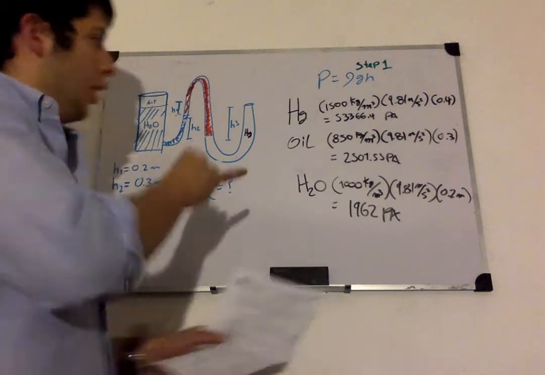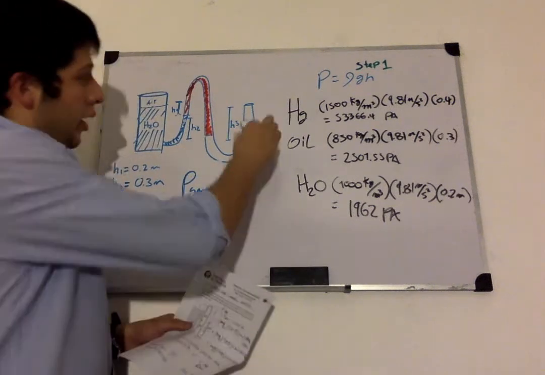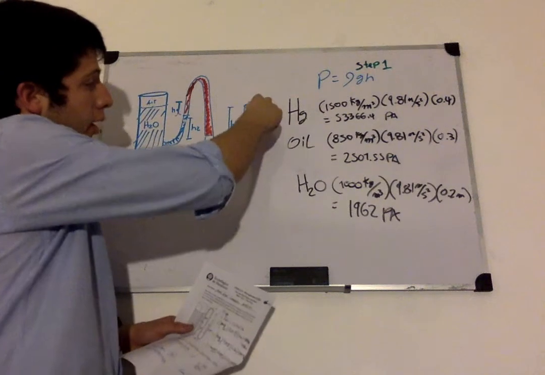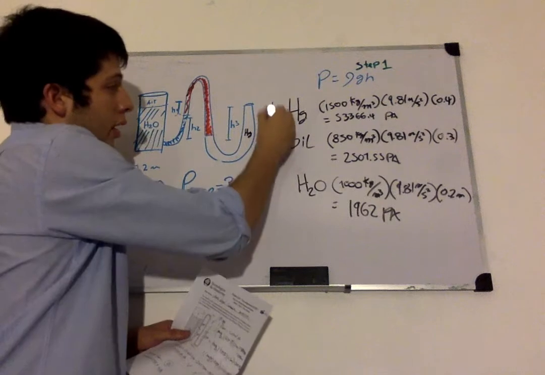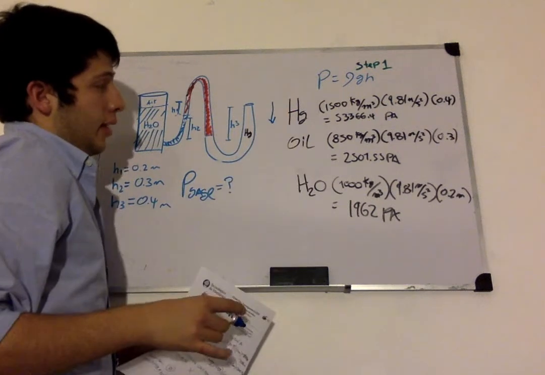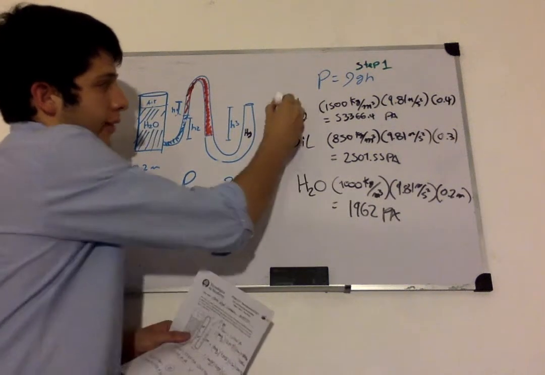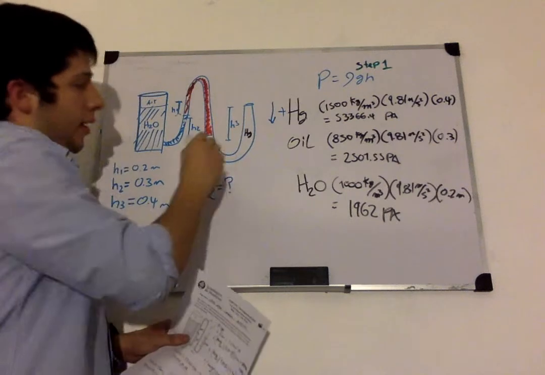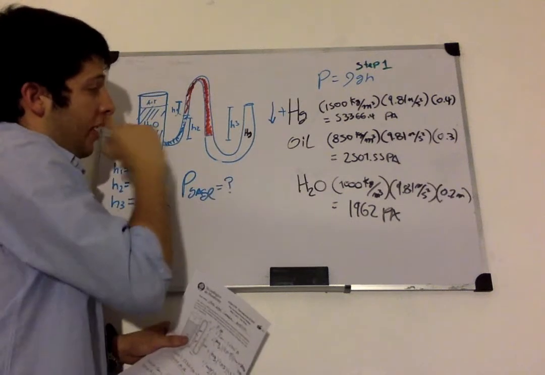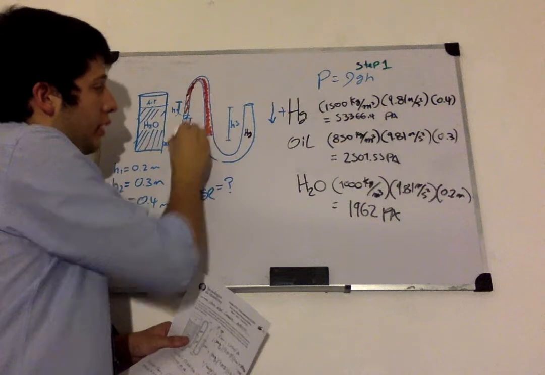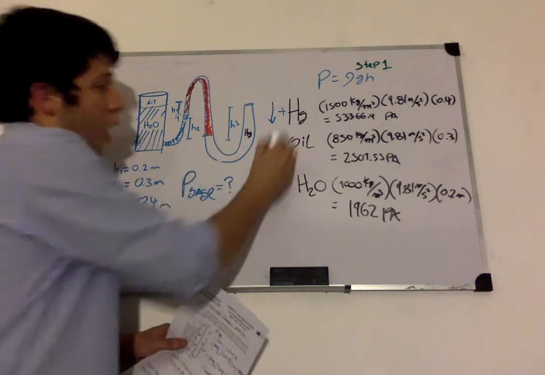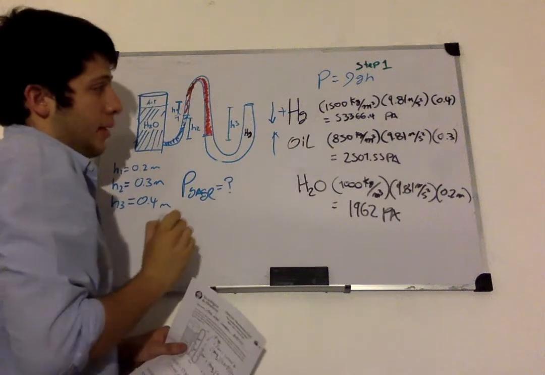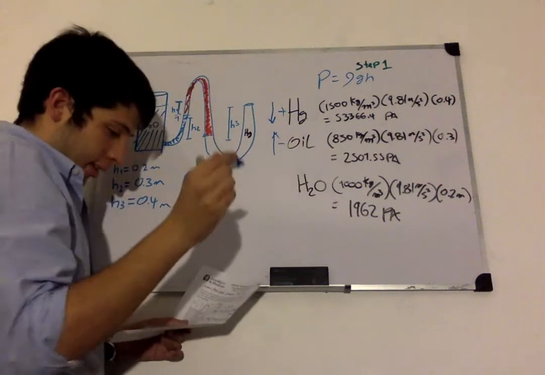Now, we need to add some signs to each one of these quantities before summing up. From the mercury, from this point, we're going down, so this means that the pressure has risen. And then for the oil, from this point to this point, we are going up, so this means the pressure has decreased.